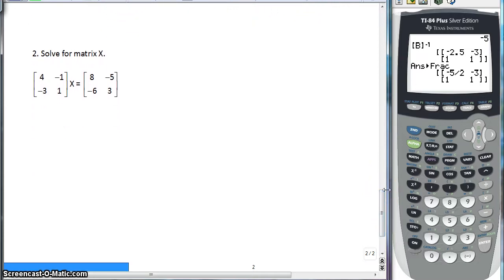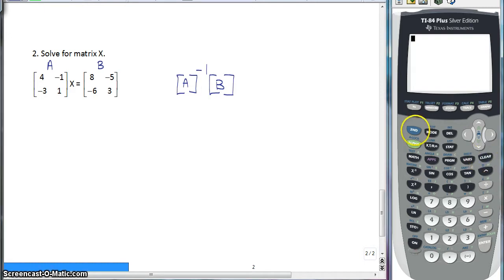So to solve for a big matrix, this x right here is actually a matrix that we're going to solve. So to do this, we're going to call this guy matrix A, this guy matrix B, and we just use our calculator, and we say the inverse of matrix A times matrix B. So what you're going to do is use your calculator.